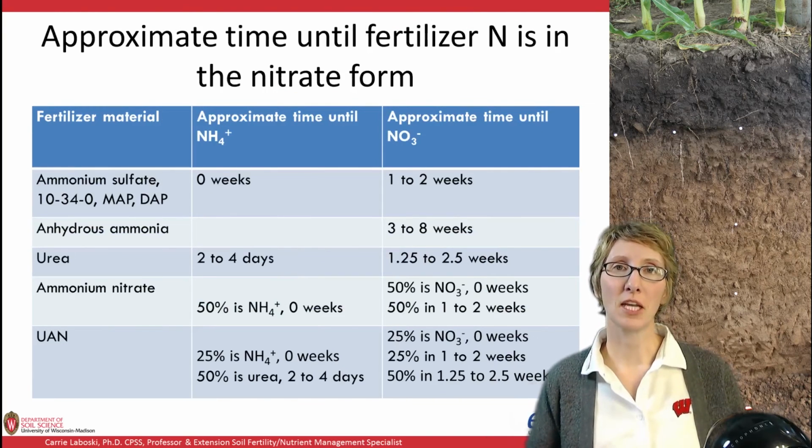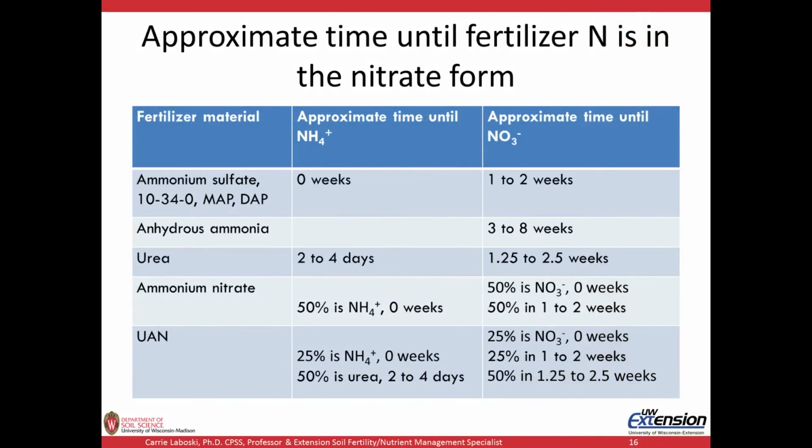Now, we also need to keep in mind that these transformations take time. And I shouldn't say fertilizer, inorganic N transformations, because it doesn't matter if they come from fertilizer or from organic matter or manure or legumes, plant residues.